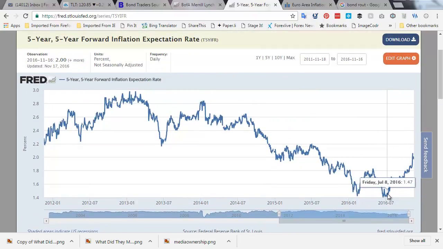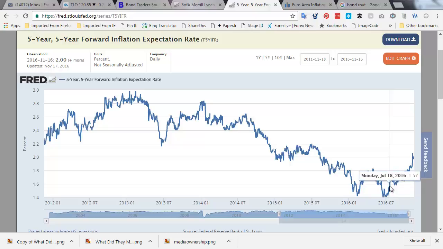And we can certainly see here that inflation expectations were coming down, and they turned in February, and then they ran up, and then they turned again. This is probably coincident with the oil price change in June, July, so the expectations were already in the market of the turn somewhere in June, July. So we certainly have seen that in the markets.